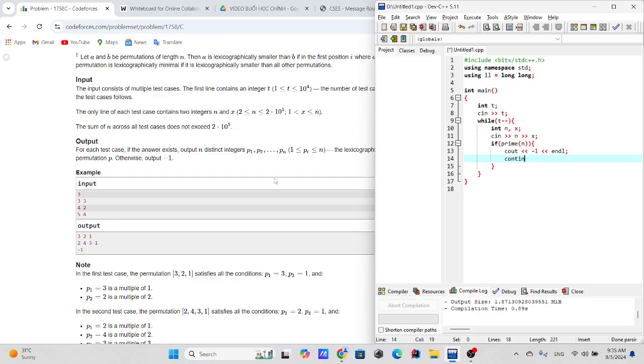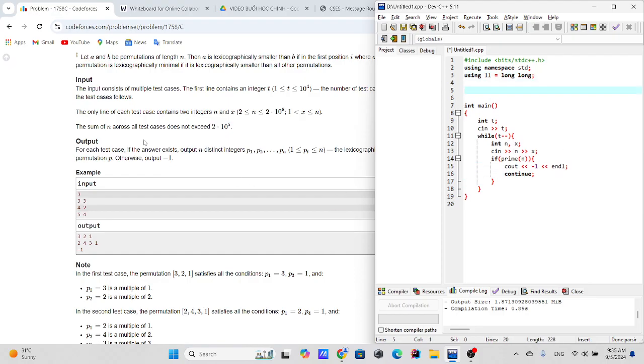I believe so, right? Now we have to write a prime function. That's gonna take a while, to be honest.